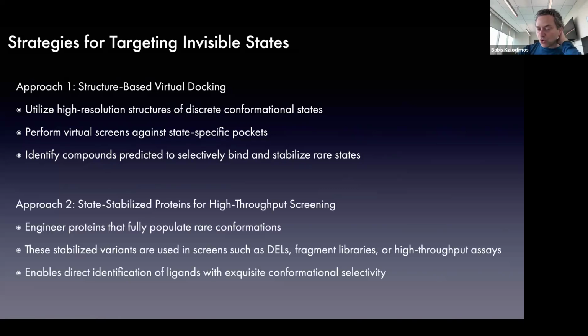The second approach, which is also extremely powerful, is that we don't use computational approaches. Rather, once we have the structure of these conformational states, we can design mutations to stabilize them. Now you have these rare, transient states stabilized, so you can express them, purify them, and use these structures to screen against a large number of fragment libraries, DNA-encoded libraries, and other ligand libraries.